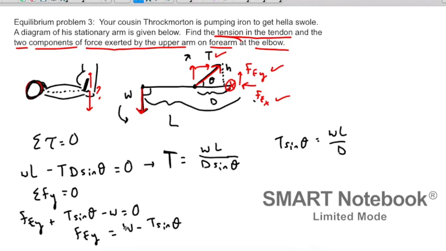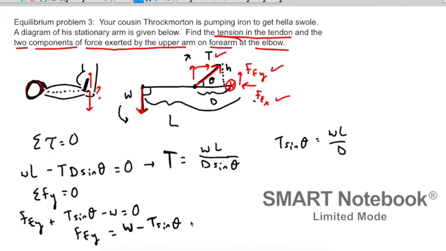Well, remember, we guessed about the direction of this y force. And right now, this expression is not really telling me if our guess was right or wrong. I want to put something in terms of these distances and lengths, because that could help me determine whether or not this force is actually supposed to be pointing up or down.